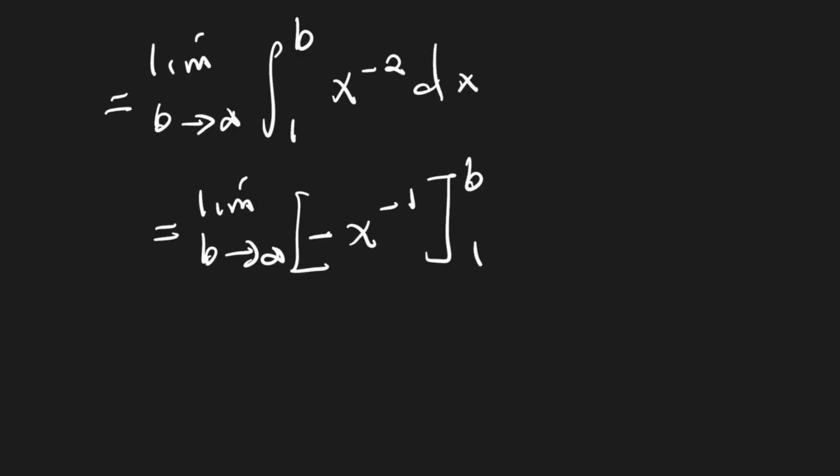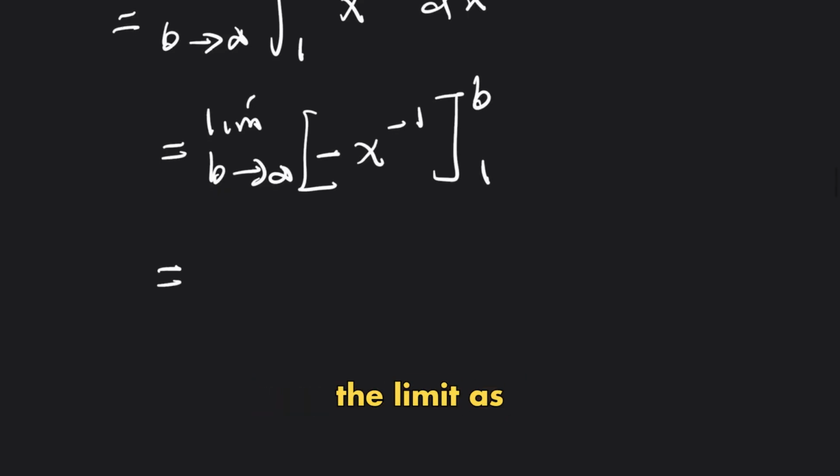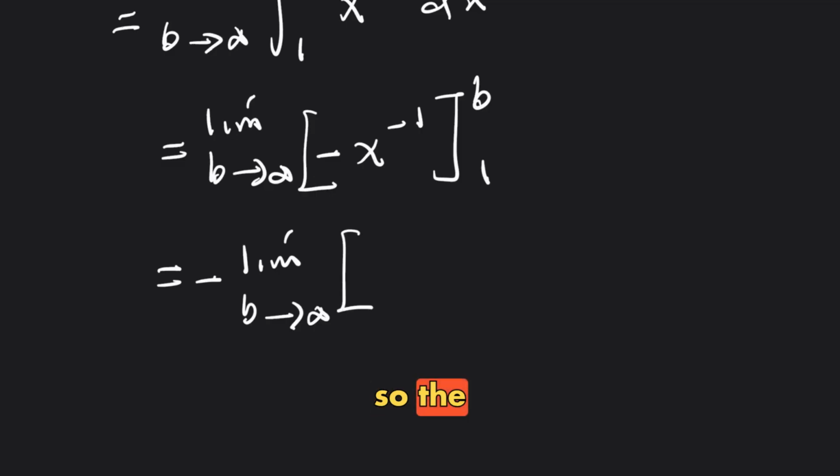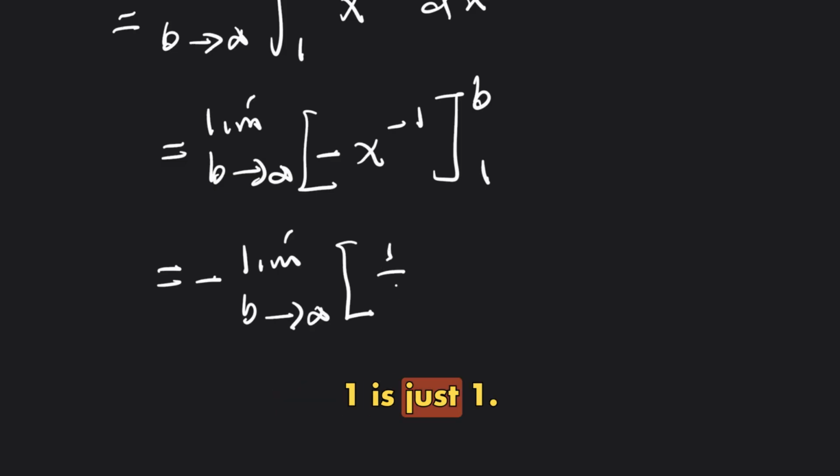Now this is the same as, I can take the negative out and find the limit as b goes to infinity. The negative is outside, so I put b, it's just the same as 1 over b minus 1 divided by 1, which is just 1.